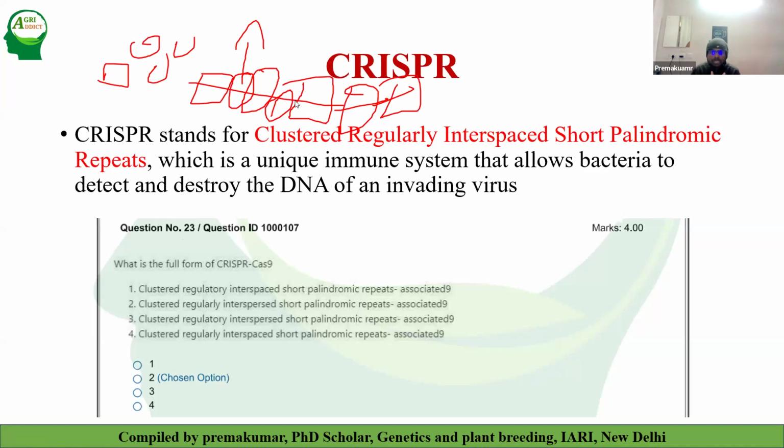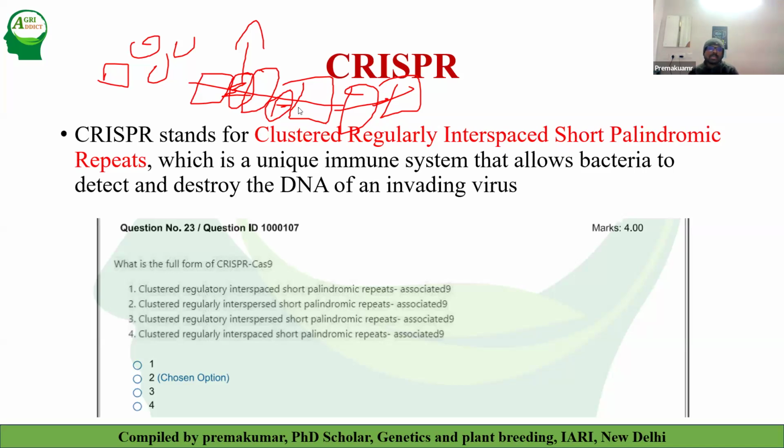Clustered and regularly interspaced means this interspace is regular in nature between these short repeats, and it is a short palindromic repeat. I think you know what a palindrome is. This is CRISPR, clustered regularly interspaced short palindromic repeats.